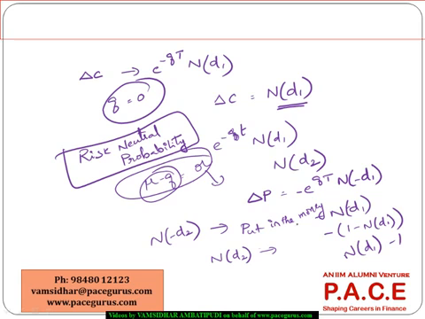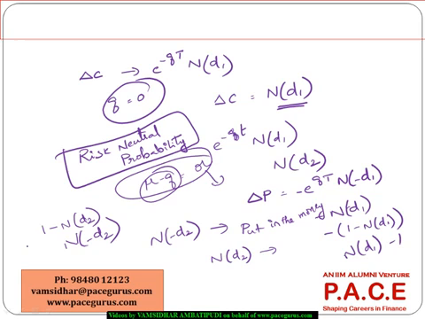So when the call option expires in the money, it is the probability that the corresponding put will expire out of money. So for the put to expire in the money, I have to take 1 minus the probability that the put will expire out of money, which is nothing but N of minus d2. So N of minus d2 is the probability that the put will expire in the money. N of d2 is the probability that the call will expire in the money.